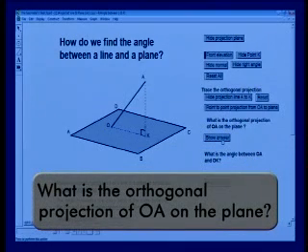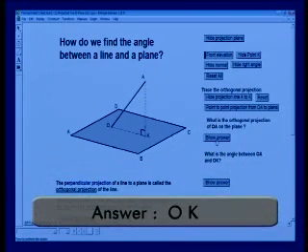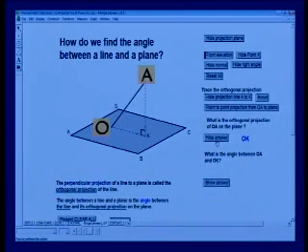What is the orthogonal projection of OA on the plane? What is the answer? The answer is OK. OA is projected on the plane, and the line is OK. So OK is the orthogonal projection of OA on the plane ABCD.